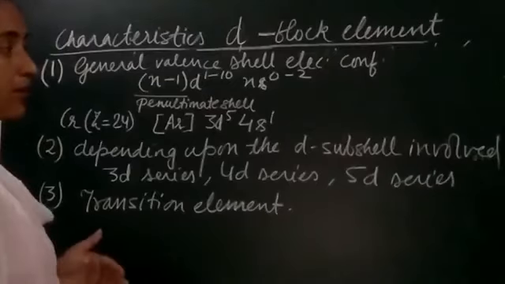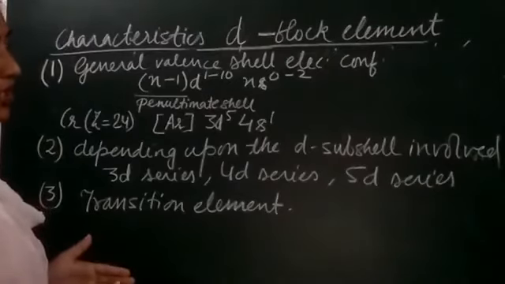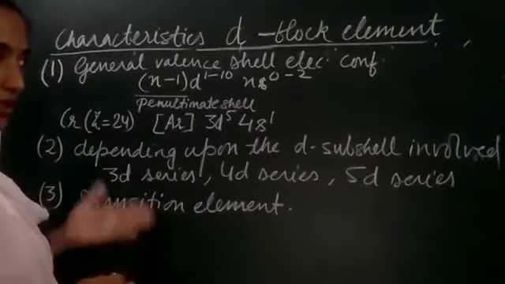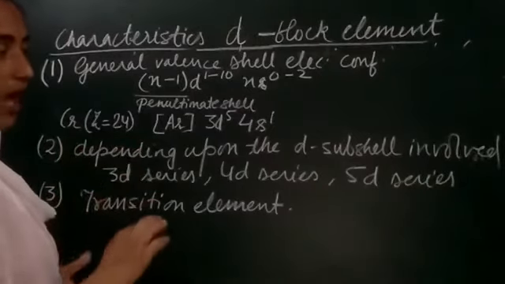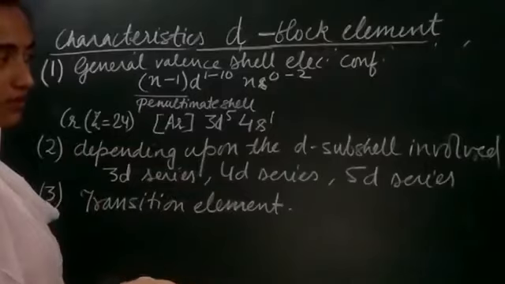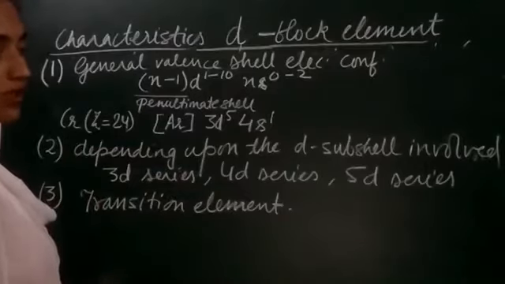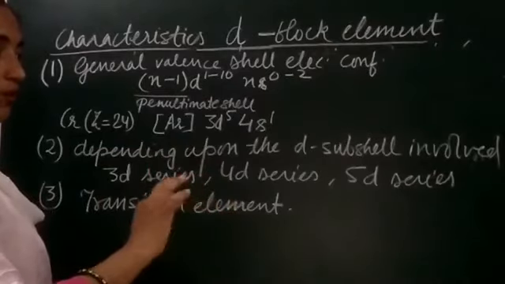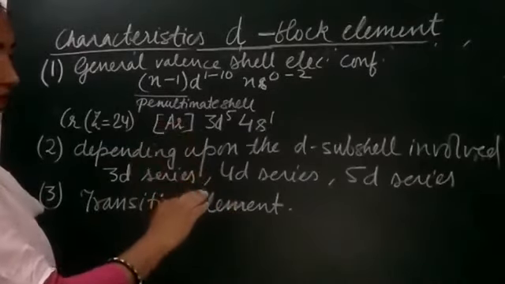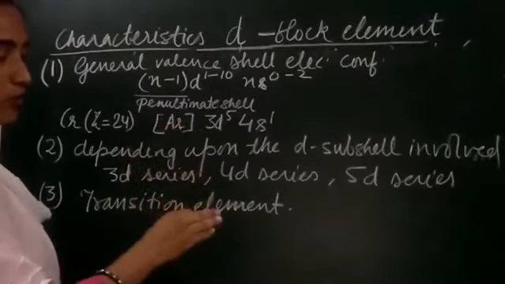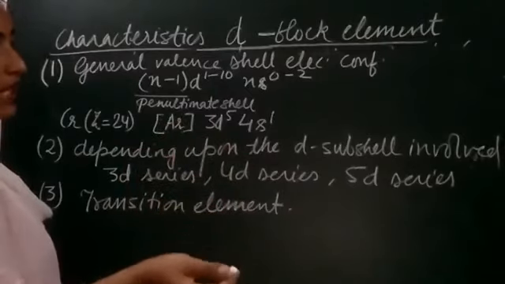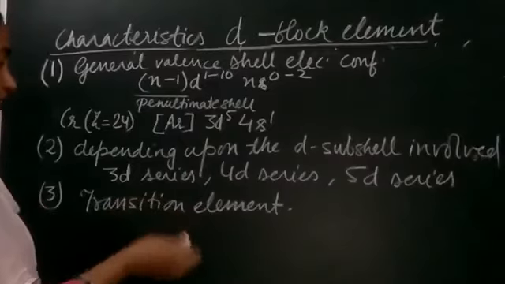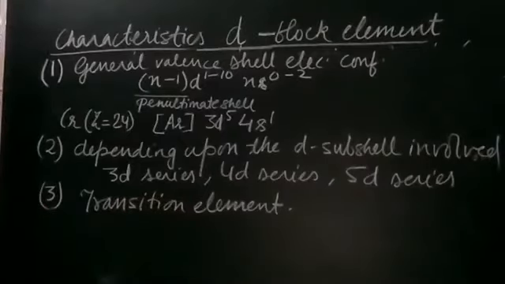Again, I'm repeating, they form a bridge between the more reactive S block elements, group 1 and 2, and the less reactive P block, that is group 13. So there is a transition from the reactive group 2 elements to the less reactive group 13 elements of the P block. That's why they are known as the transition elements.